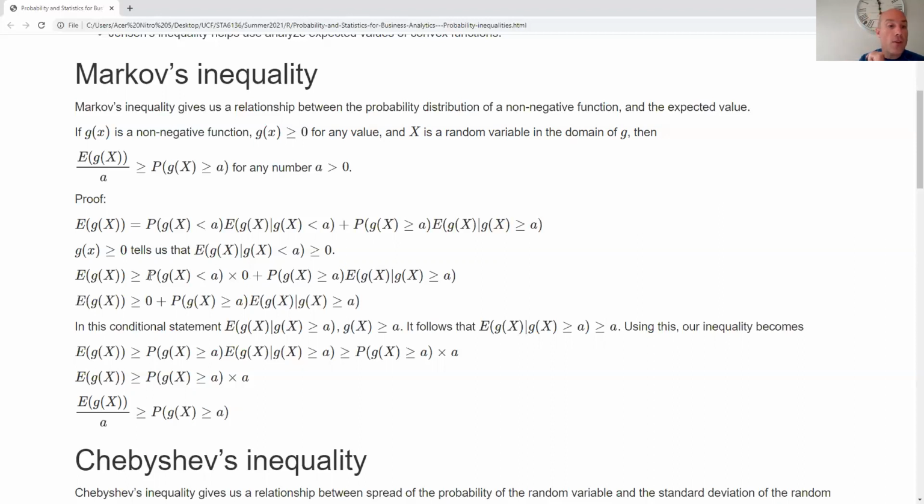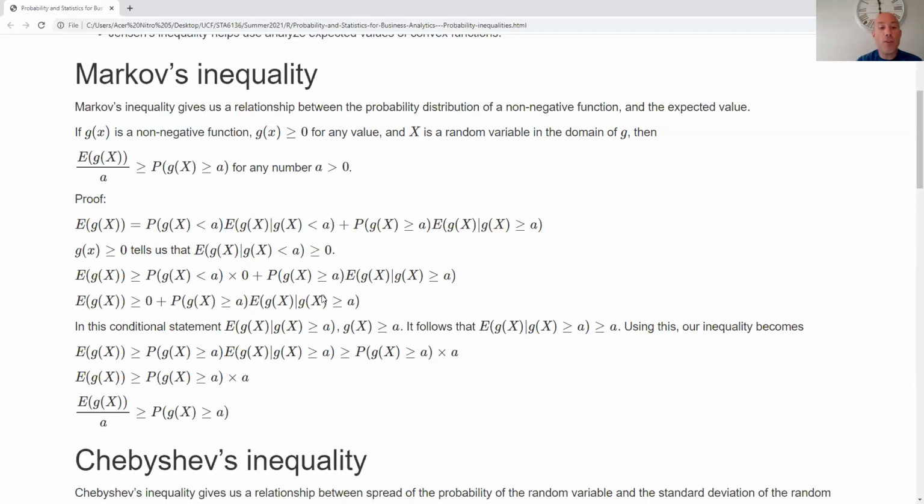So all of this, I can replace, that part here, I can replace with 0 right there. Okay, now 0 is a beautiful number for addition, right? Because I just drop it. All right, so now I've rewritten this so that the expected value of G is greater than or equal to this probability of G greater than or equal to A and this expected value.